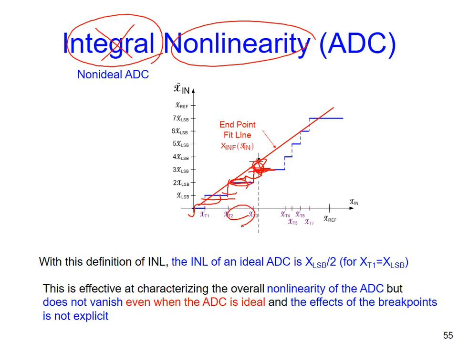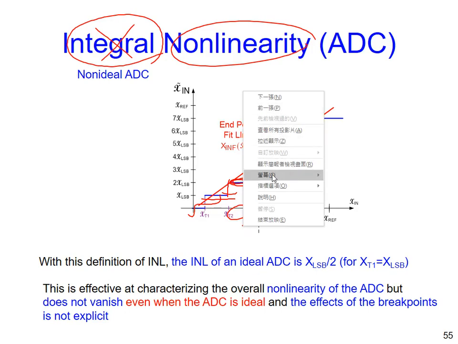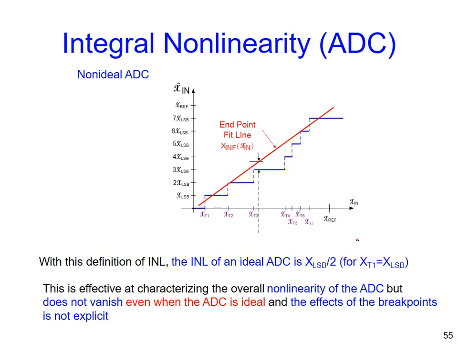But anyway, I told you already, for INL we have not only one definition, according to the fit line. What kind of fit line you adopt will change the result a little bit. Not so much.